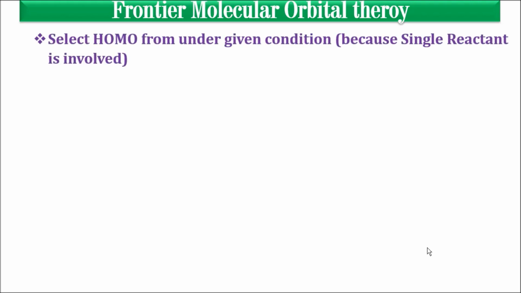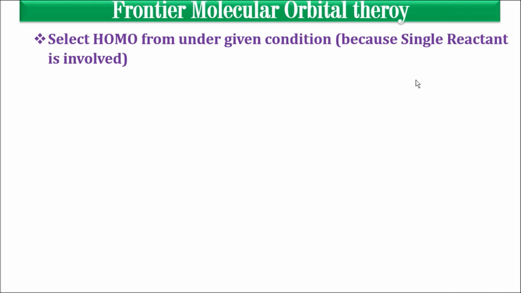In this theory, for electrocyclizations, you have to select the HOMO under a given condition. Why are we selecting only the HOMO? Because this reaction involves a single reactant. Electrocyclization involves a single reactant.